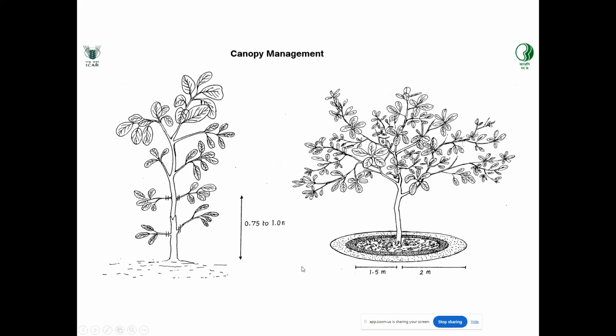So avoid wasting nutrients by applying them near the stem or the rootstock region. You have to apply 1.5 to 2 meters away from the stem. The active root zone is here, because it is a perennial crop. After 6 years, a well-established root system will be there, so we have to concentrate there during fertilizer application.